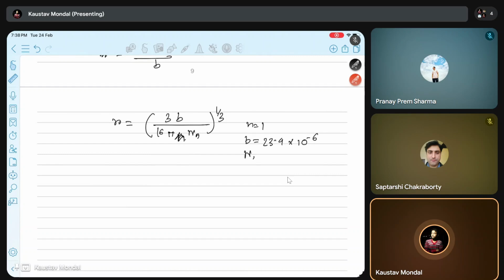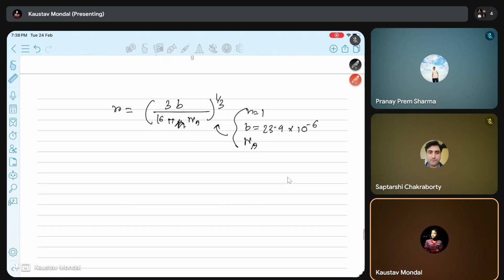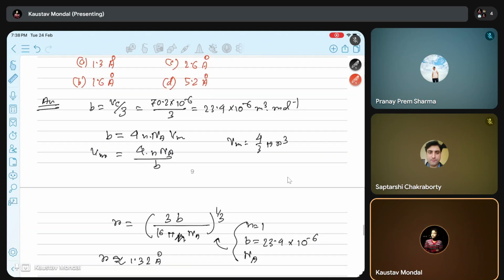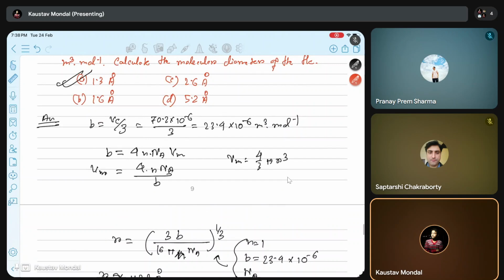And Na we know, Avogadro number. So if you put everything here, you will be getting r around 1.32 angstrom. You will get something in terms of meter definitely, but if you convert it into angstrom, it will become 1.32 angstrom. So the answer would be option A.